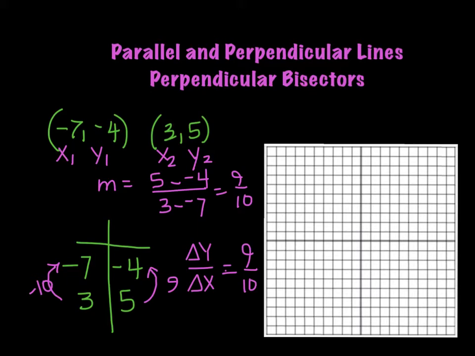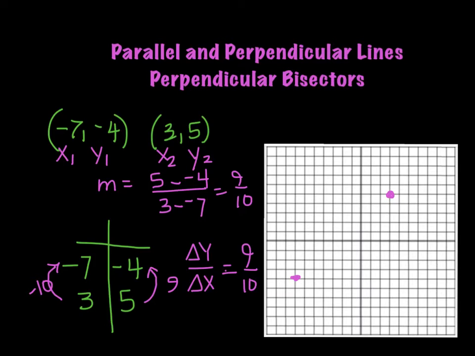The last one is we plot them. Negative 7, negative 4. And 3, 5.